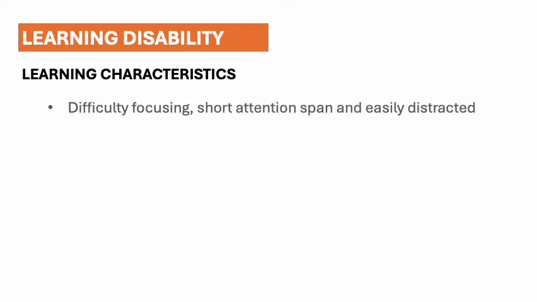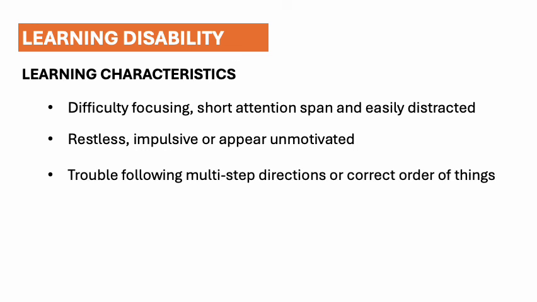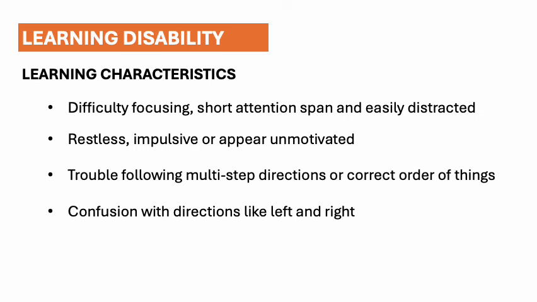Students with SLD may also have difficulty focusing, a short attention span, and get easily distracted. Some may seem restless, impulsive, or unmotivated, but it's really about how their brain processes information. They might struggle with following multi step directions or keeping tasks in the right order, and sometimes they get confused with left and right.